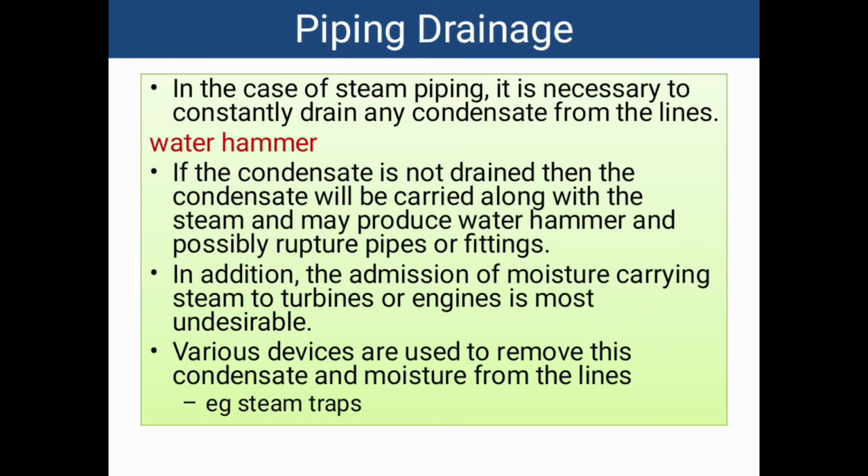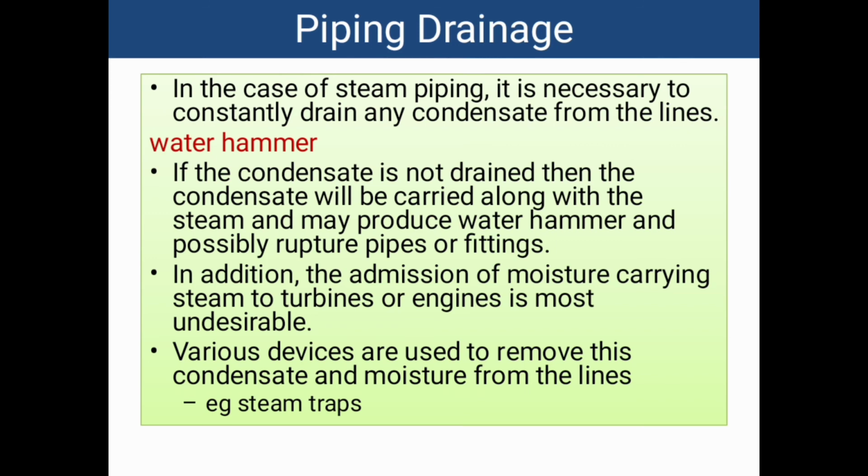Then piping drainage. When you are using pipe for steam transportation, the steam temperature will vary depending upon the environment. So inside the pipe, the steam will start to condense. This condensate will create a hammer inside the pipe.